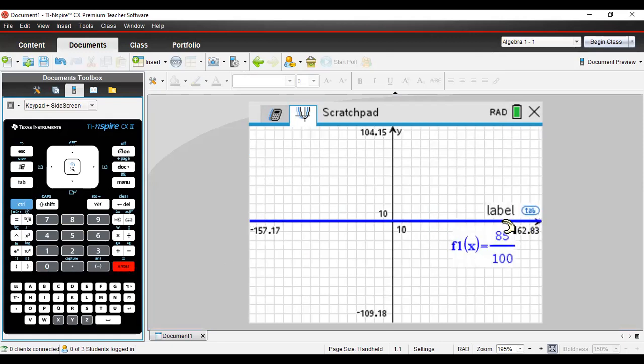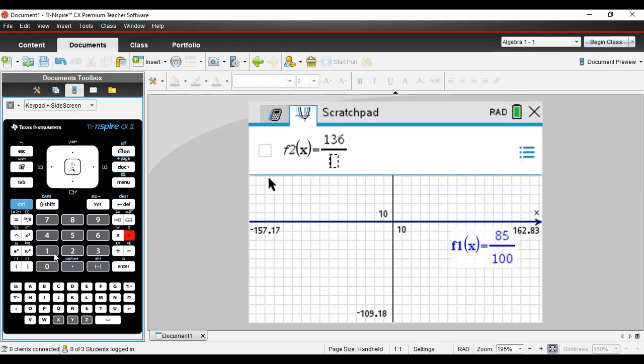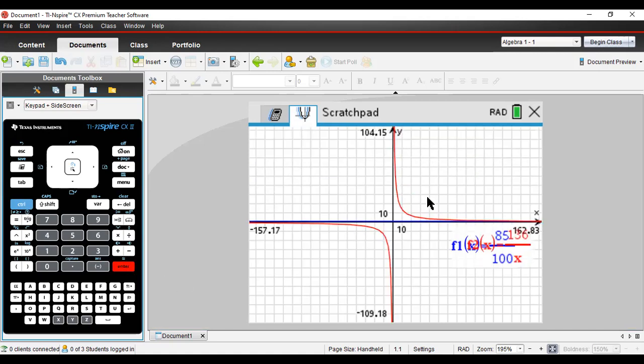It's a horizontal line. It's pretty small. All right, and then we're going to press tab, tab, tab, and then we're going to do 136. Control divide. We need a fraction over X. Okay, that's what we want. Then you press enter and you get these red lines.